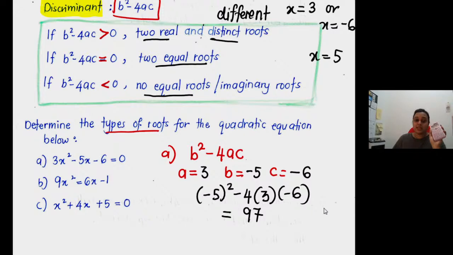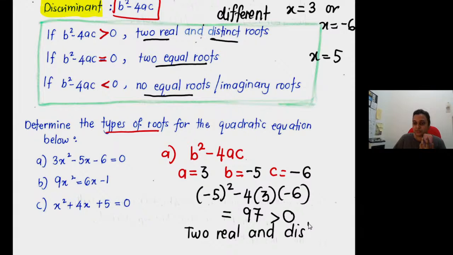Is 97 bigger than 0, equal to 0, or smaller than 0? Very obviously it's bigger than 0. So since it's bigger than 0, what type of roots will you get for the equation? You will get two real and distinct roots.